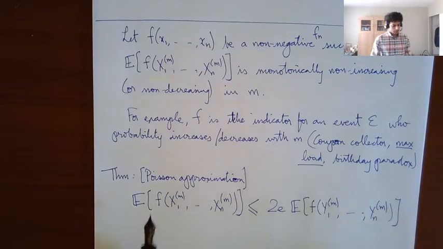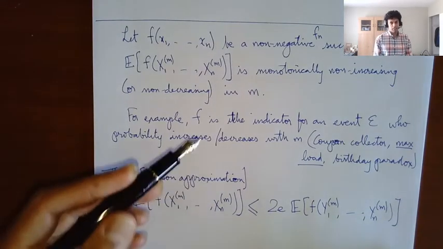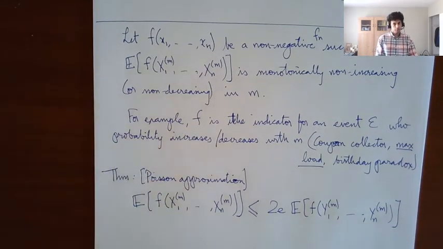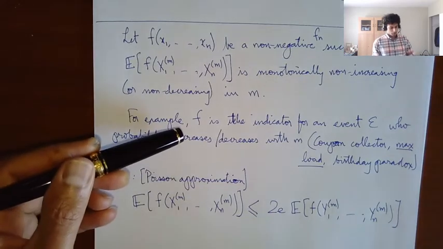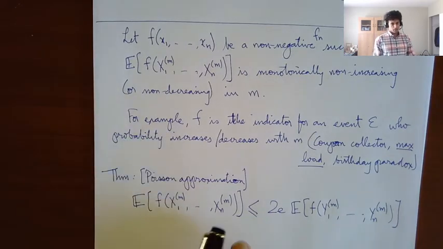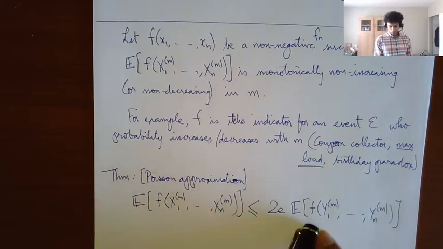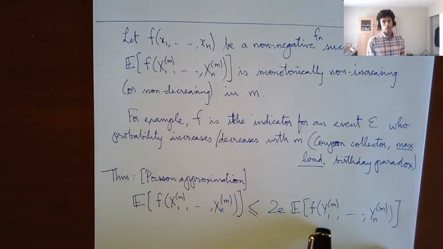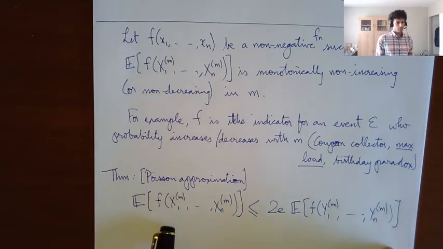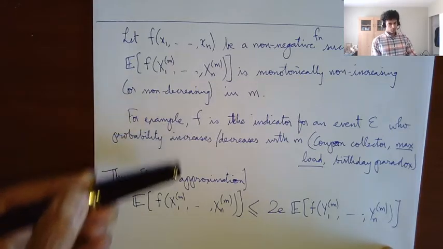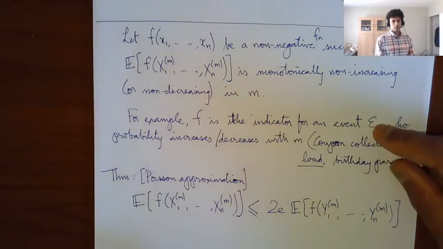So you have some event whose probability increases or decreases with m, and you can look at the probability of that event in the balls and bins case, or in the Poisson case. If you get a tail bound in the Poisson case, you will get a tail bound in the balls and bins case. So typically think of the event as a low probability event.